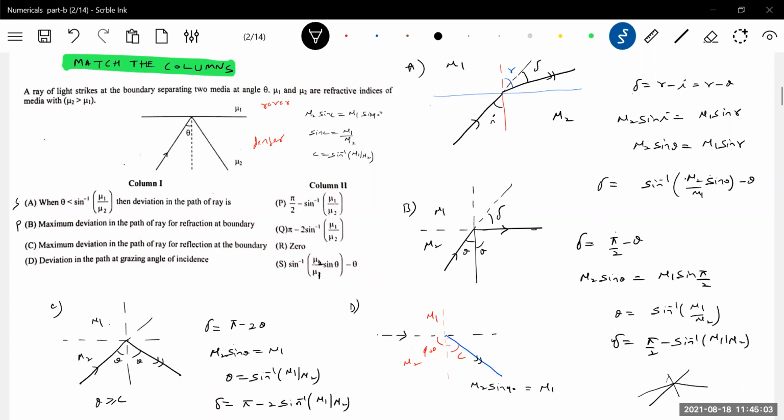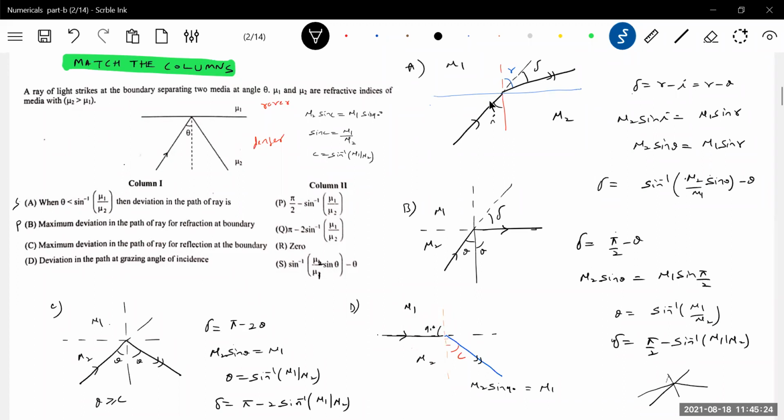This should be the 90. No, it should be the ray. This should be 90. The diagram should be like this.